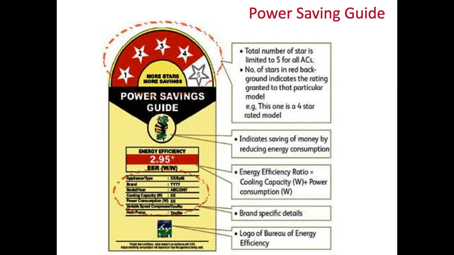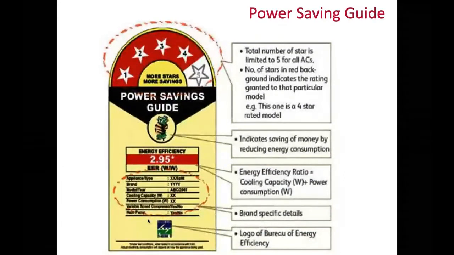This symbol indicates saving of money by reducing energy consumption, right? And this label shows the energy efficiency ratio, which is equal to cooling capacity divided by power consumption. And this gives the brand specification details. And this is the logo of the Bureau of Energy Efficiency. So these are some of the highlights.